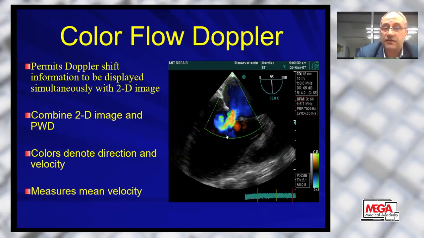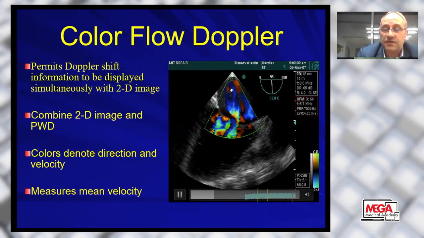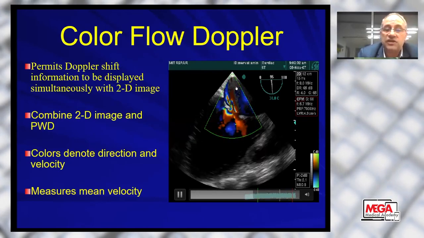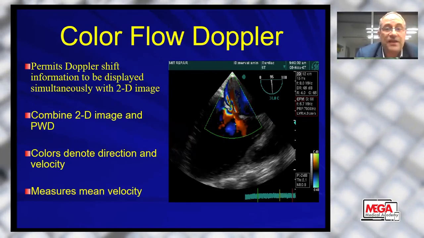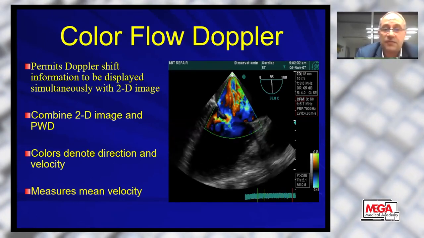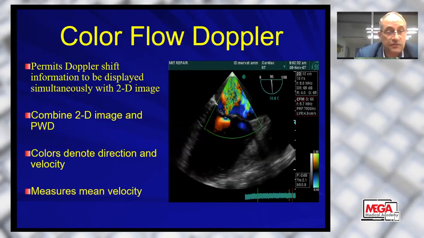The red color here is blood moving toward the transducer at the apex. Then I have the mosaic, the greenish color, which is accelerated blood flow exceeding the Nyquist limit. So it appears like aliasing in the curve and appears like mosaic or green color inside the color Doppler.